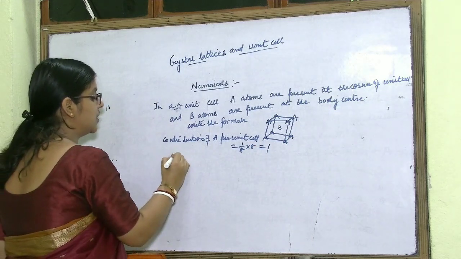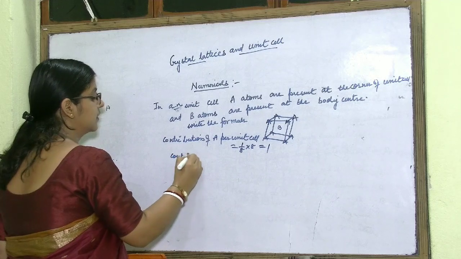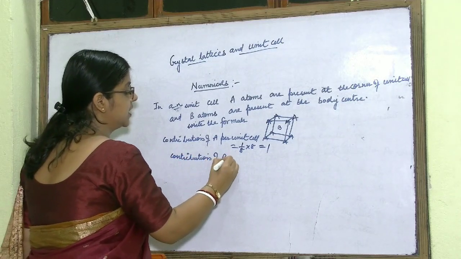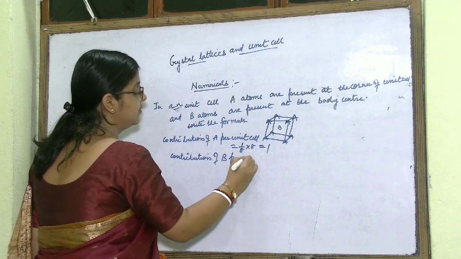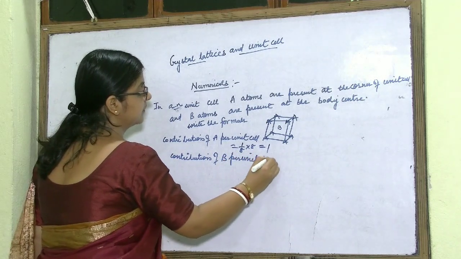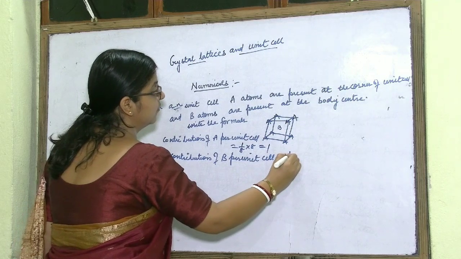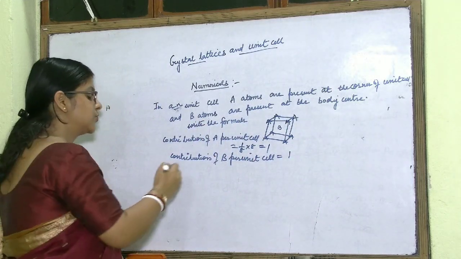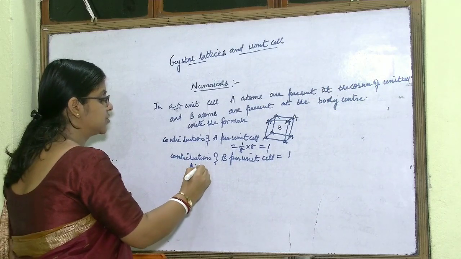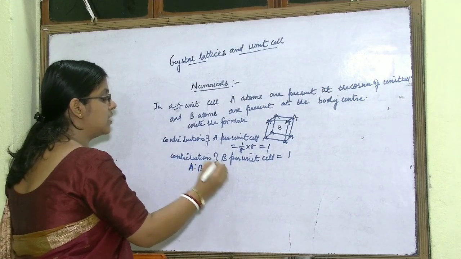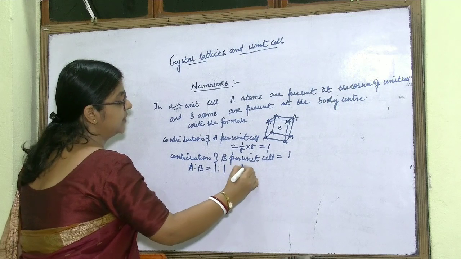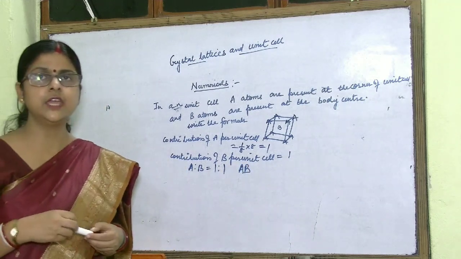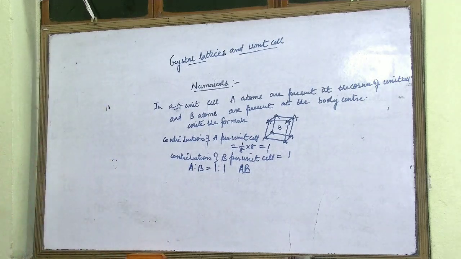And contribution of B per unit cell will be equal to 1 because it is present at the body center. So the ratio of A to B is 1 to 1. So the formula will be AB. So you can derive the formula like this.